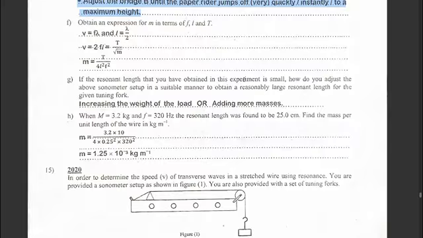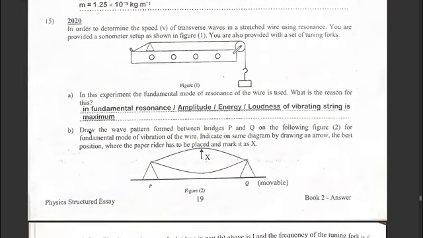So the resonance length obtained in the experiment is small. How to adjust this in the above sonometer? We know that earlier we discussed that L is proportional to root T. So if you increase the tension, the length will increase. So you can increase the weight. 2020. In this experiment, fundamental resonance is used. What is the reason?